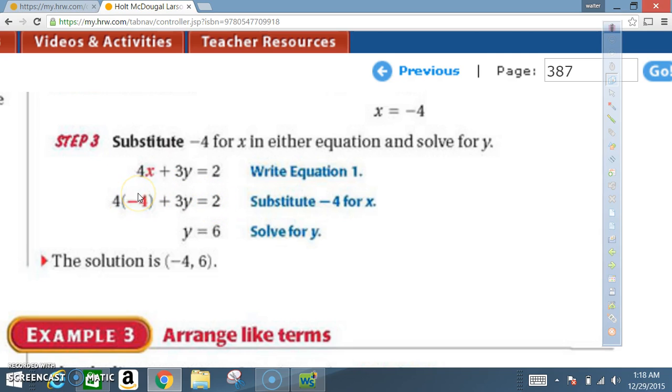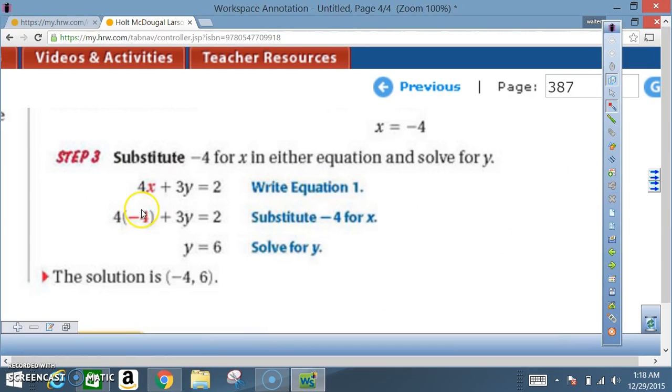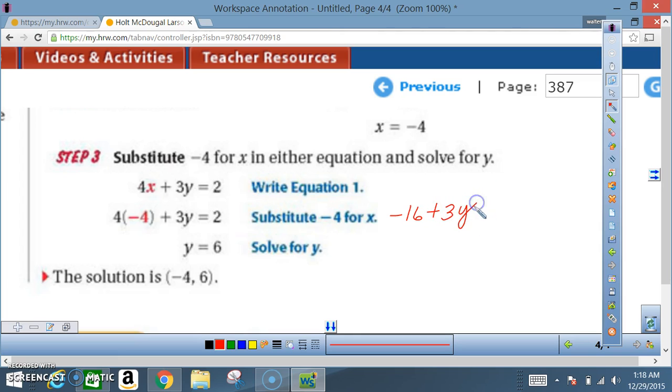What is 4 times a negative 4? That's going to be equal to a negative 16 plus 3y, and that's equal to 2. So I'm solving for y, so I add 16 to both sides.